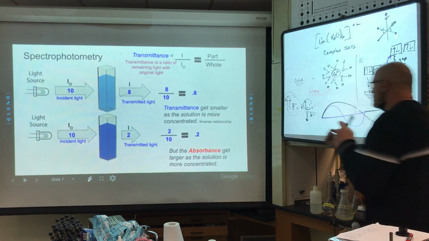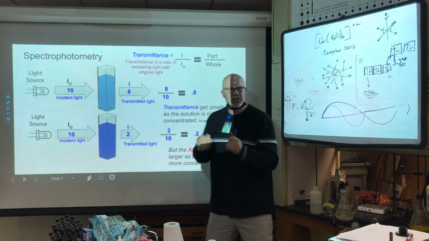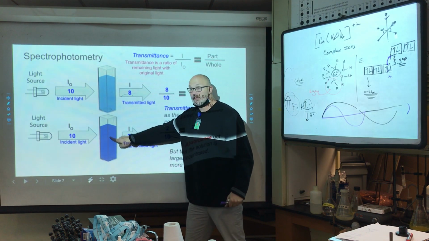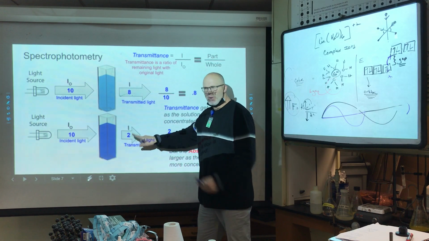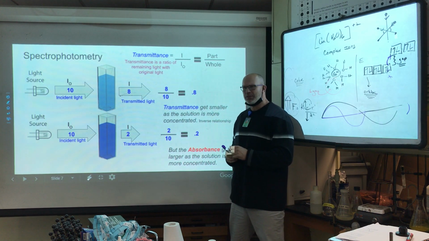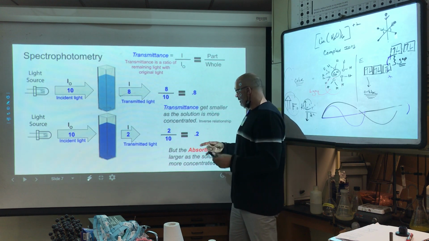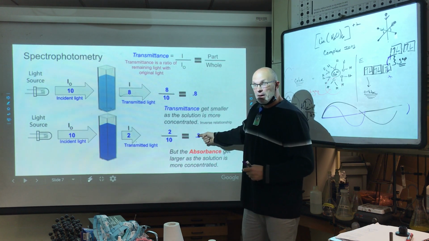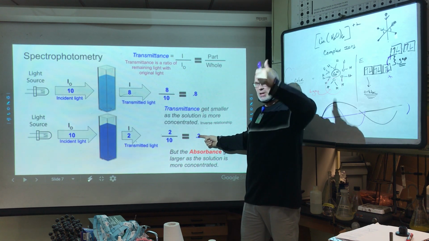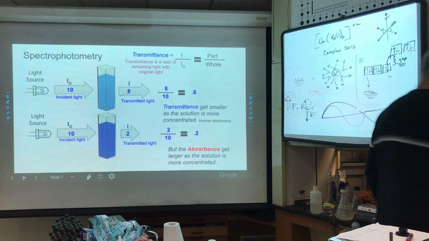We want to convert that to absorbance. How much is the solution absorbing? Isn't this absorbing more light? But we're getting a lower number. We don't like that. So we're going to take the light that gets through, and we're going to do a negative log. What does that do? First of all, it makes a number that's less than 1 become greater than 1. And it makes it go up. So that's what we do here.